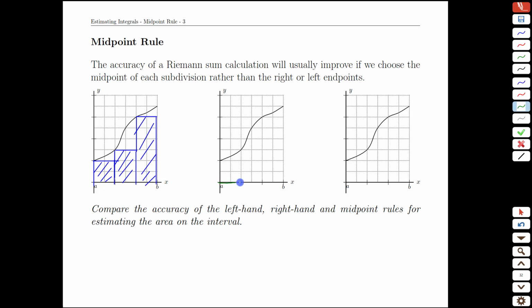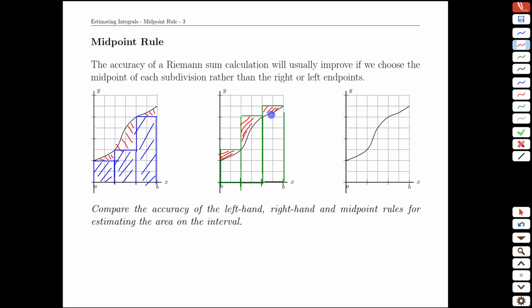For the right-hand sum, if we divide it into 3 intervals again, if we use the right-hand endpoint for our heights, we get these rectangles. And what we see is large swaths of missing area in this sketch here. And in the right-hand rule, we see large swaths of extra area that we don't want.